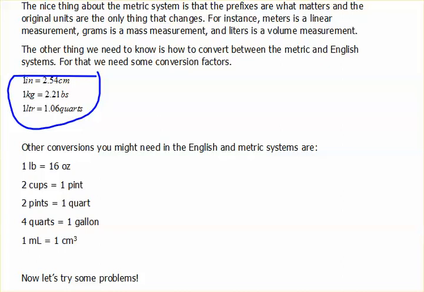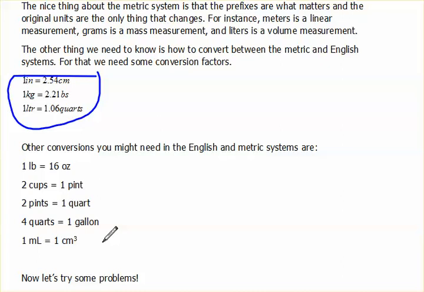There's no consistency with things. 1 pound is 16 ounces. So I went ahead and wrote those out for you just in case, because some are very familiar with it and some are not. And then here's another one that is very, very helpful to you, and that is that 1 milliliter is equal to 1 cubic centimeter. And we're going to be using that also.